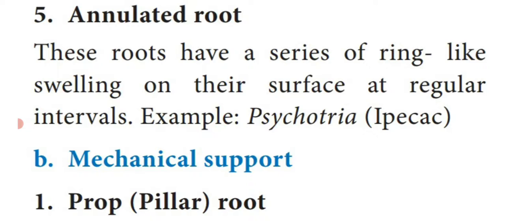That means at regular intervals, they are storing the food material in the shape of ring-like structures. Annulus is a Greek word which means ring-like. So the stored food material is also in the shape of rings, appearing as ring-like regions at regular intervals. That type of root is known as annulated root. Example, Psychotria. A common name is Ipecac.